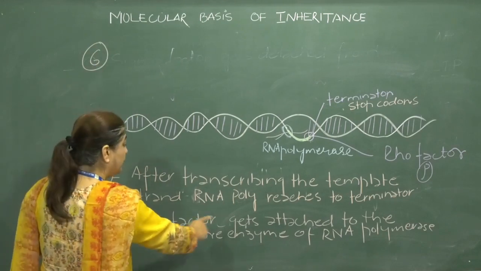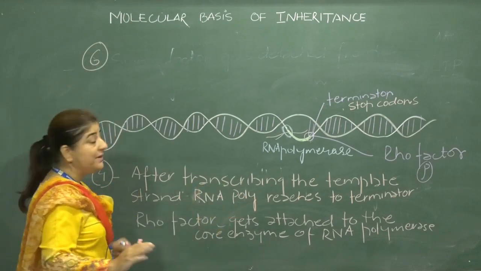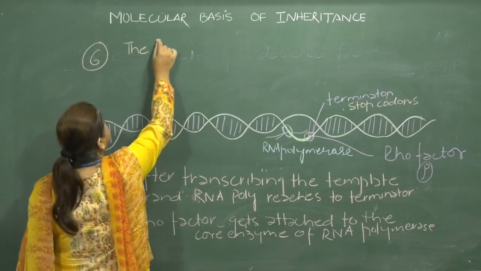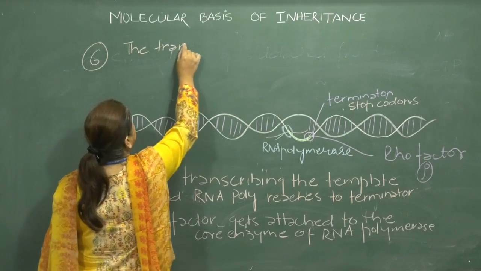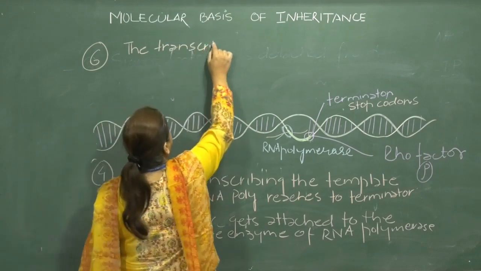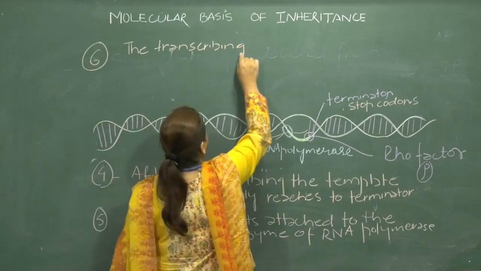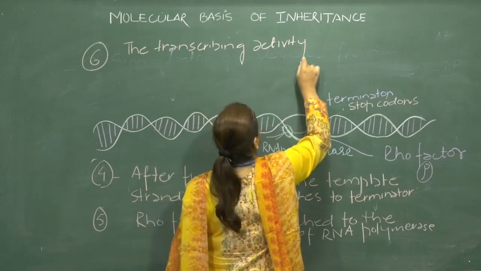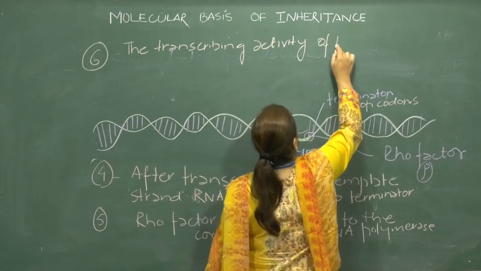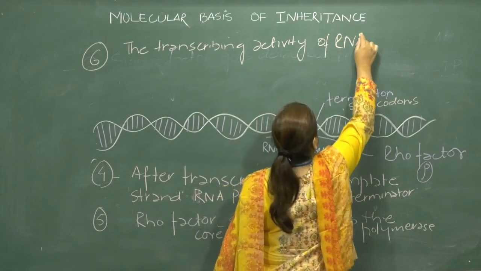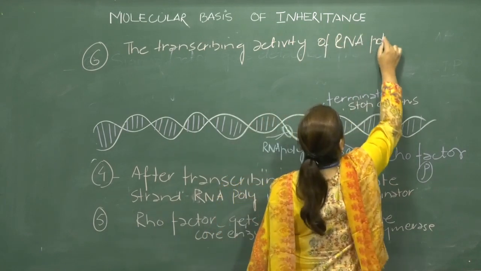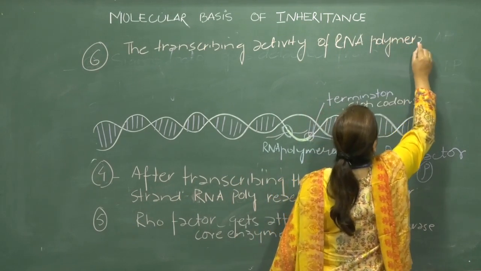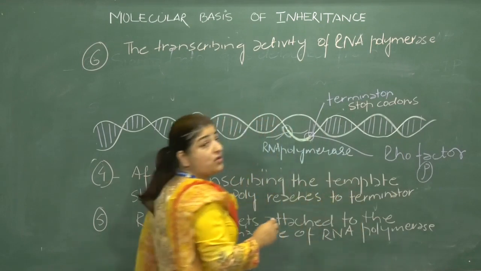Once the rho factor gets attached to the RNA polymerase, the transcribing activity of the RNA polymerase stops.